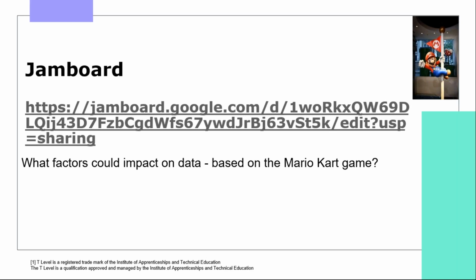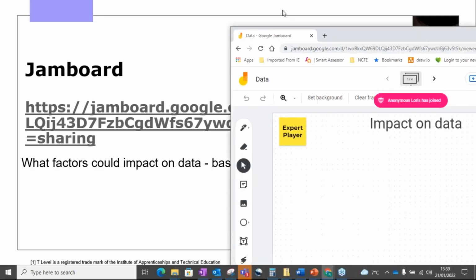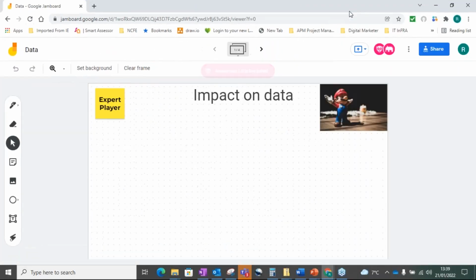I'm just going to launch it open myself. What made the ultimate combination? And what would the impact be on the data? I've added a 1 just to get us started. I've just put on an expert player.